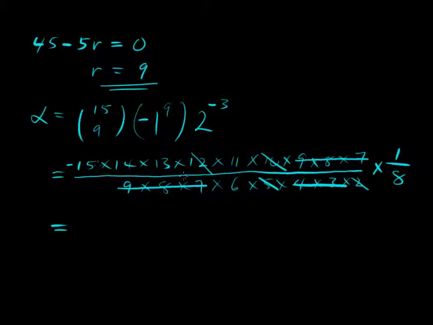So 15 divided by 3 is equal to 5, and 14 divided by 2 is equal to 7, and this takes care of the 6. So we have 5 times 7, which is 35, times 13 times 11, divided by 8.